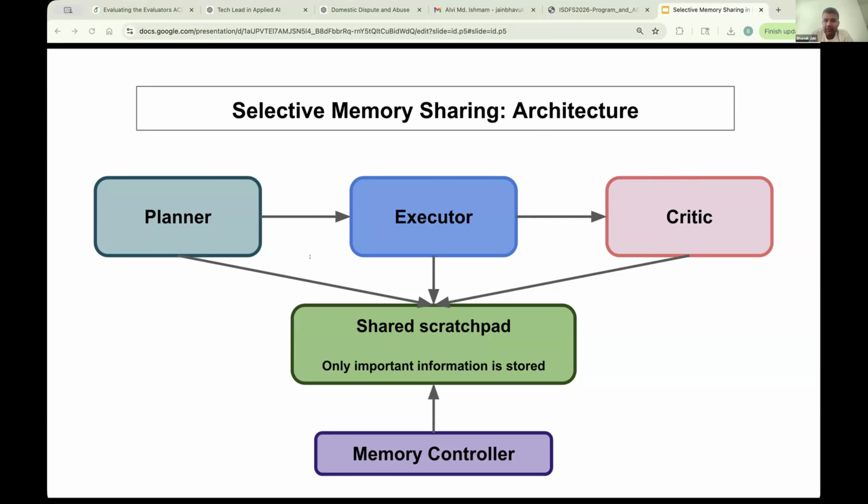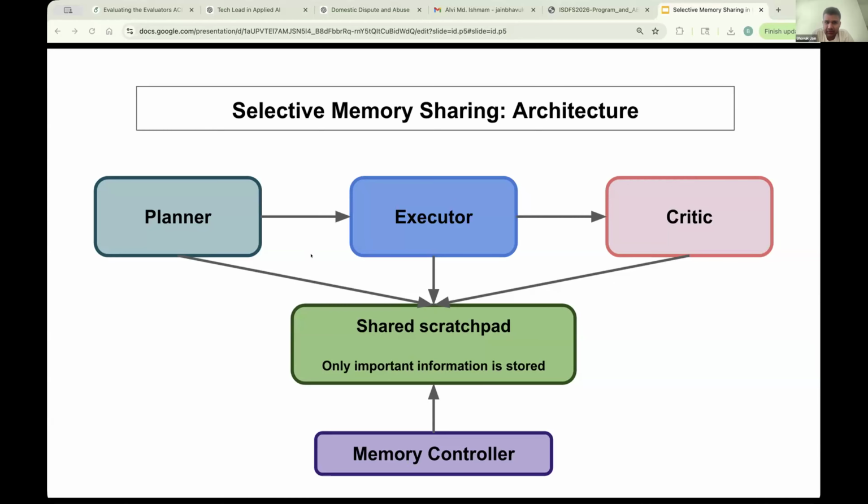Also, not everything written gets stored. We also introduce a component called the memory controller. This sits between the agents and the shared memory, and its job is to filter incoming information and decide what is actually worth keeping. So instead of blindly storing everything, we store only important task-relevant information.